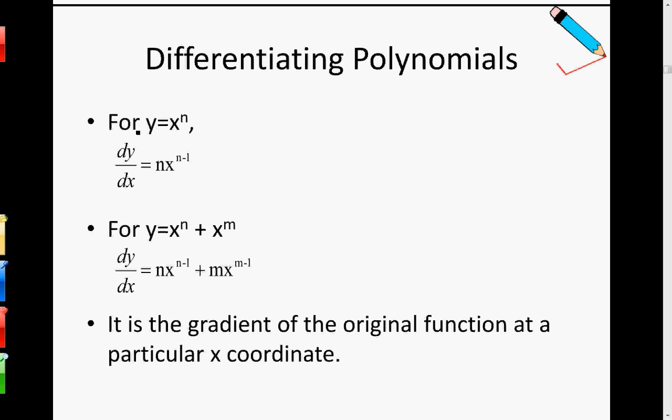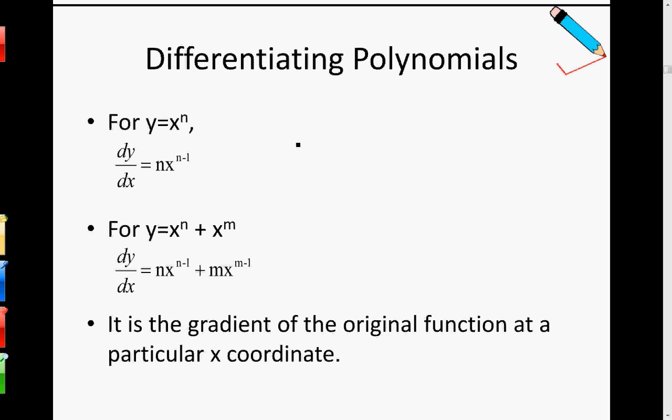Okay, so as I've said, differentiating polynomials is actually very easy. So for example, let's say if I have a function just y equals x to the power of n, then my dy/dx, or my gradient function, would just be bringing down the power of n and then reducing the power by 1.